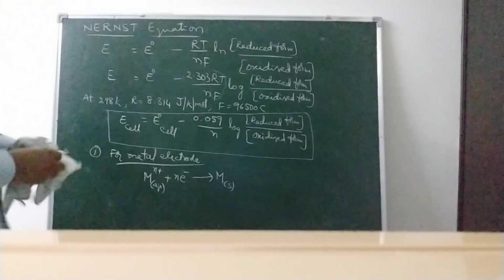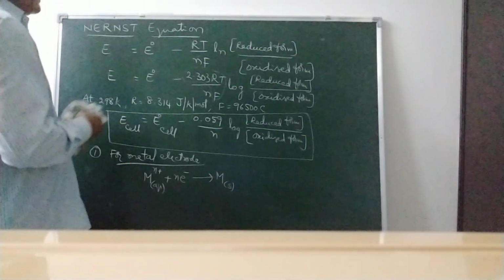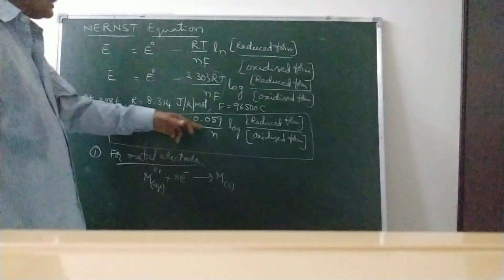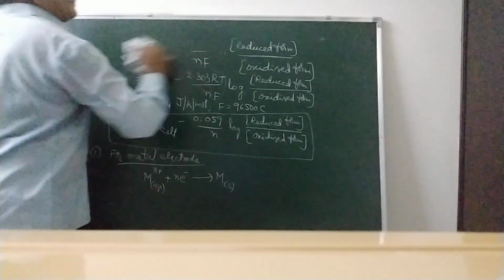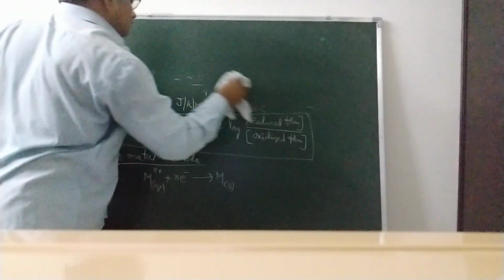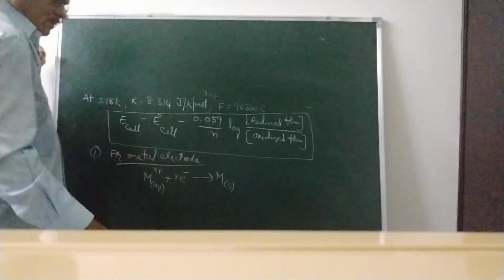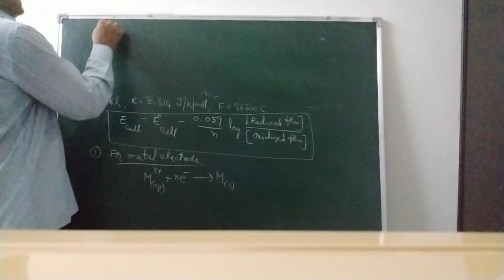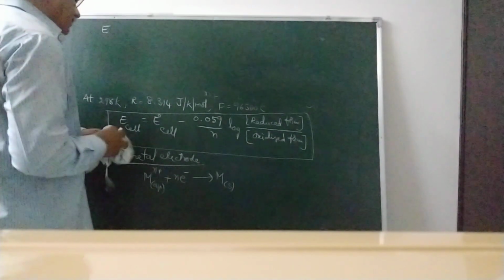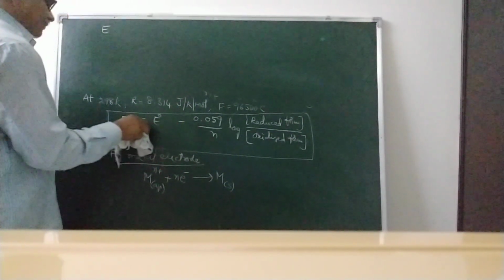If we apply this Nernst equation for this one, E is equal to E naught, it may not be E naught cell, take E.